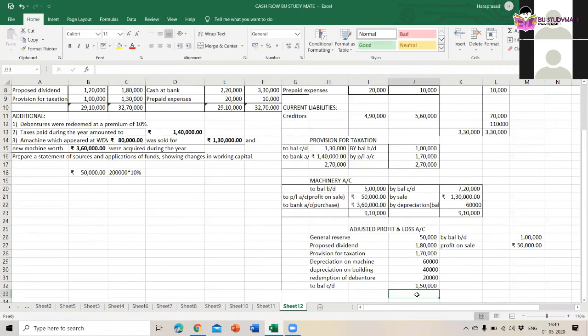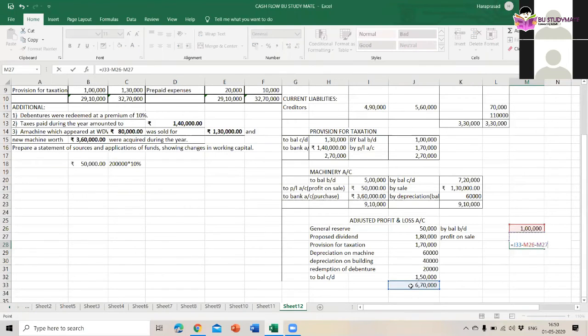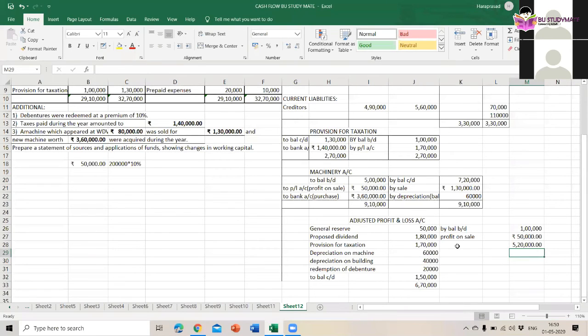But how much amount are we left with? The balancing amount, if we calculate 6,70,000 minus 1 lakh minus 60,000, 50,000, we will get 5,20,000 rupees as the balancing figure. So this balancing figure we have to write down as by fund from operation.